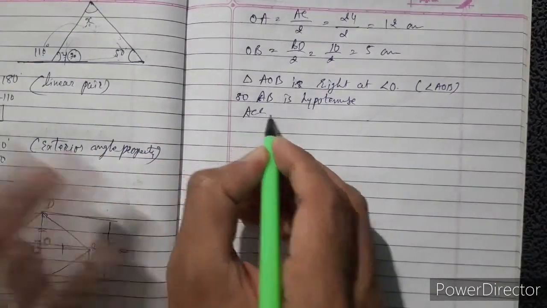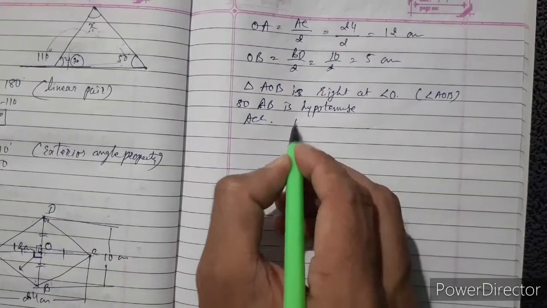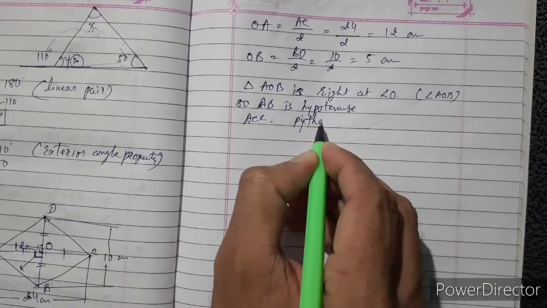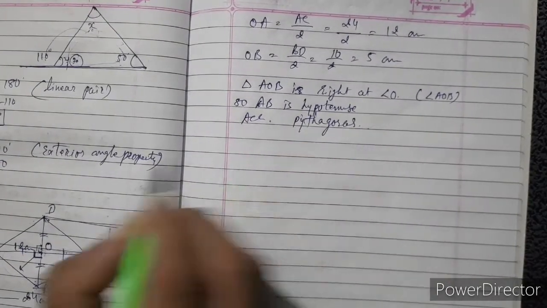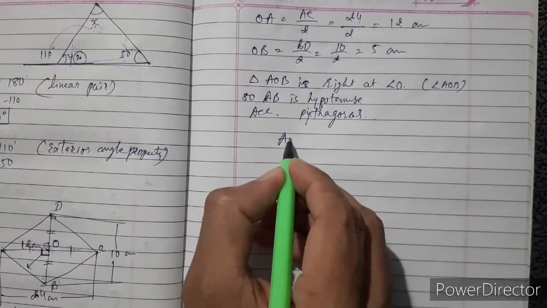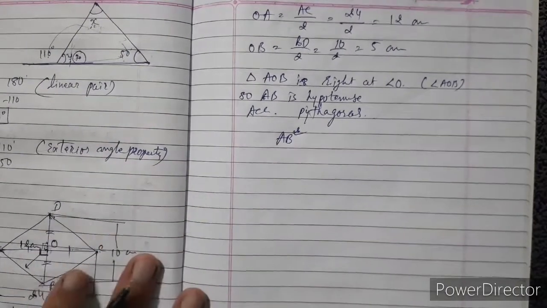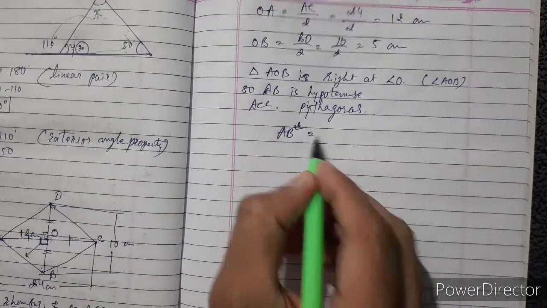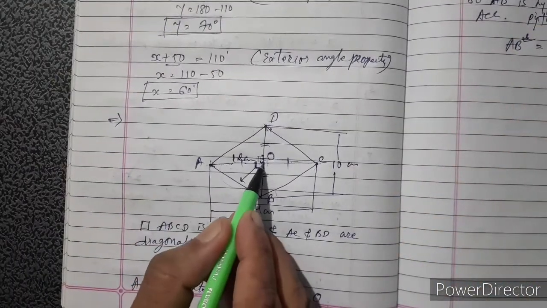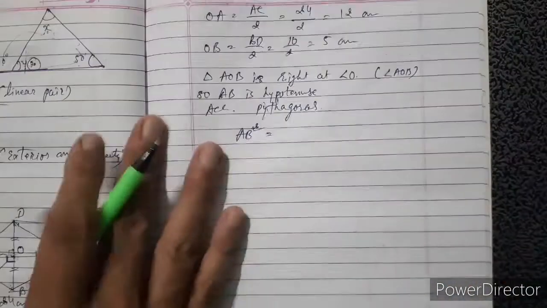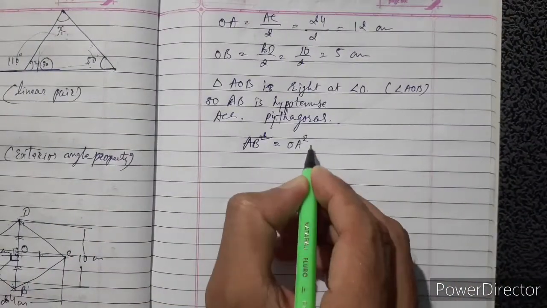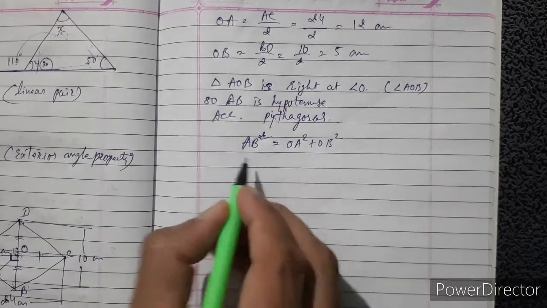Now according to Pythagoras, we know that hypotenuse square is equal to the sum of squares of the other two sides, means OA square plus OB square.